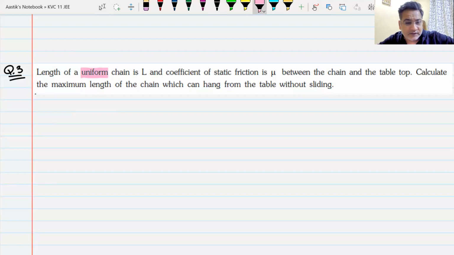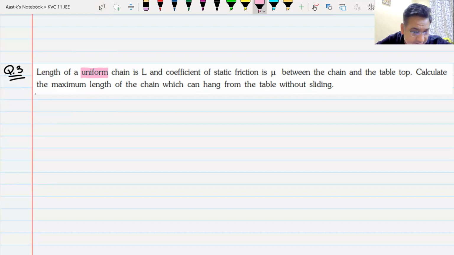Calculate the maximum length of the chain which can hang from the table without sliding. So that is what you have to do. You just don't have to put it on the table. You have to hang some part of it from the table. What is the maximum length of the chain that you can hang without the chain slipping?